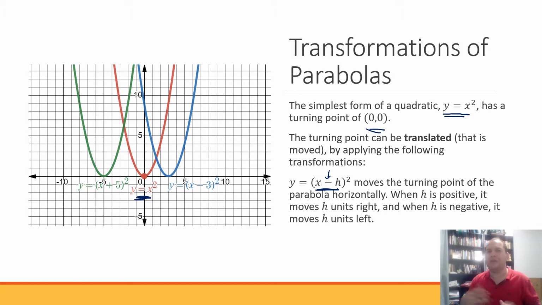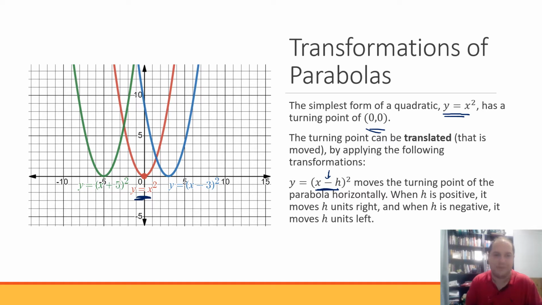With negative numbers, negatives can often mean opposite or different direction. So how far the turning point has shifted horizontally is actually the opposite of how it looks in your formula.